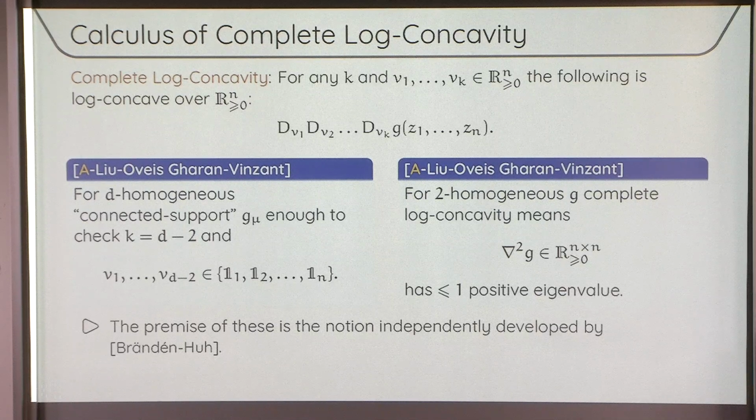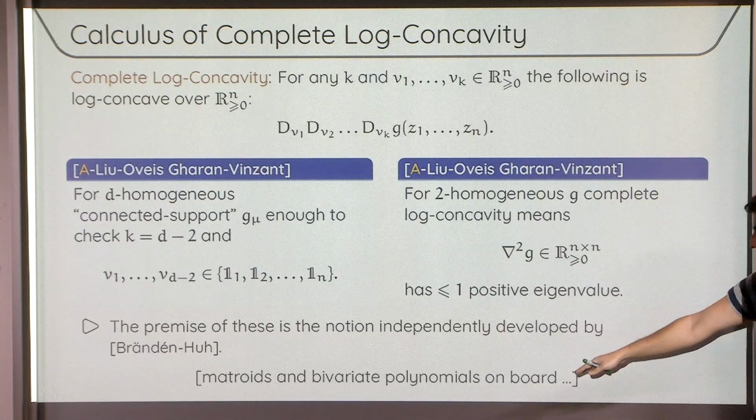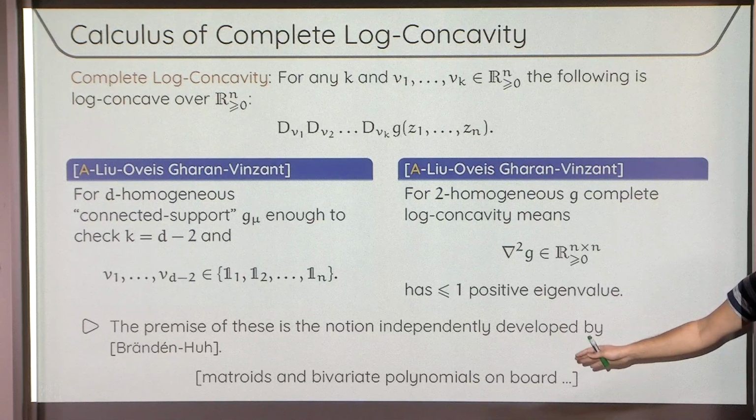Let me give you two examples of this. We are going to see what this means for bivariate homogeneous polynomials and for matroid polynomials.